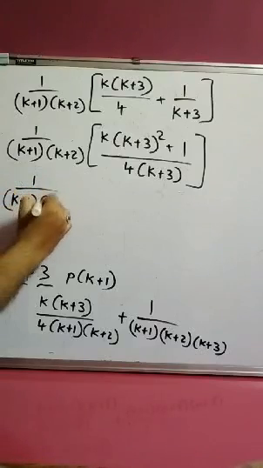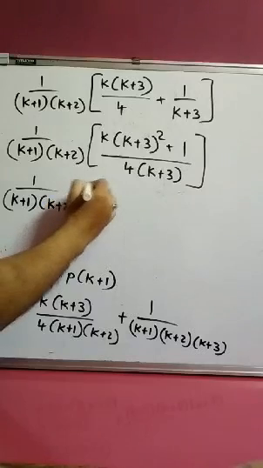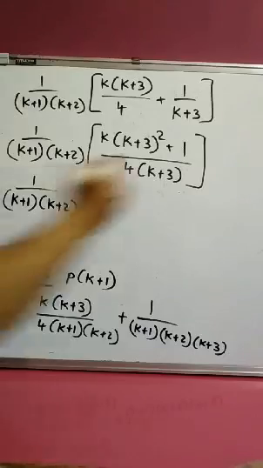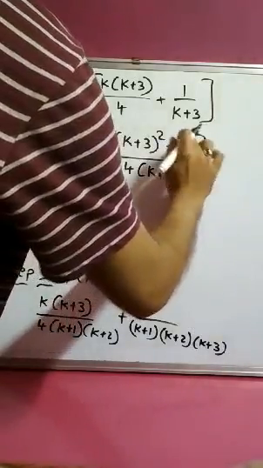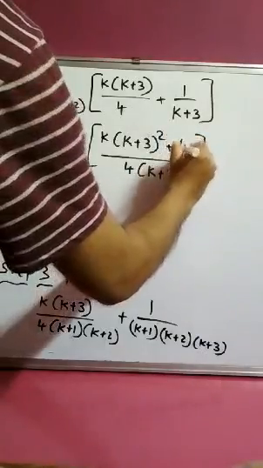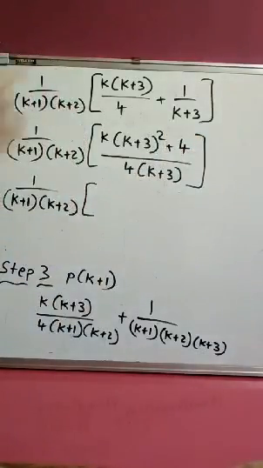One upon (k plus 1)(k plus 2). Here 4 will come, right? Cross multiplication, so here 4 will come. Yes, so k multiplied by (k plus 3) whole square.